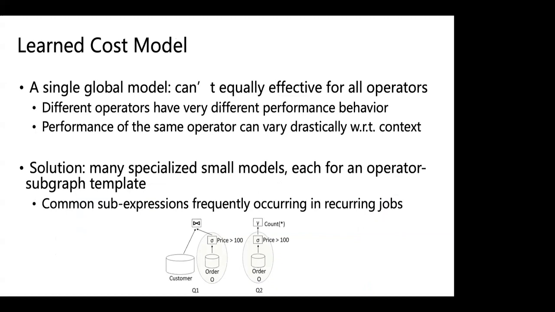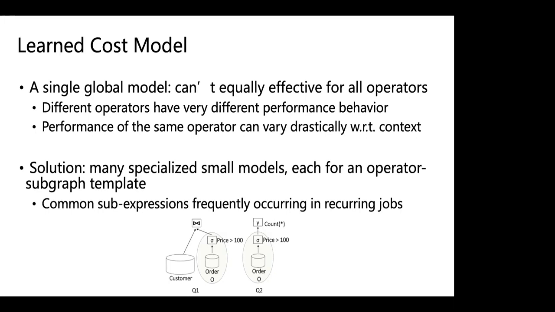So another solution is to learn many specialized smaller models, each for a common operator subgraph template. Here, an operator subgraph template is a common subgraph of operations that frequently occurs in recurring jobs.